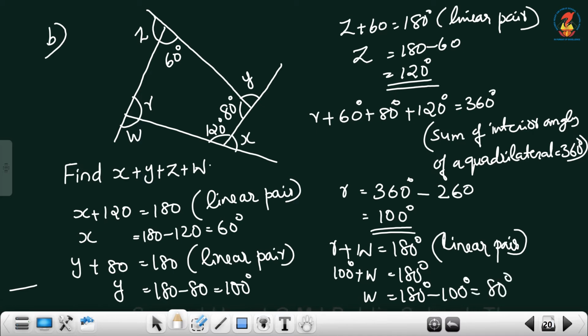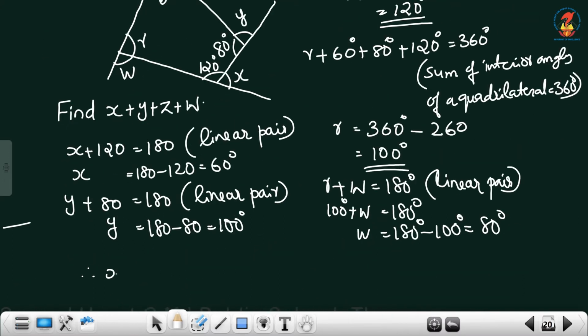We have to calculate x plus y plus z plus w. Therefore, x plus y plus z plus w: x equal to 60 degree, y equal to 100 degree, z equal to 120 degree.